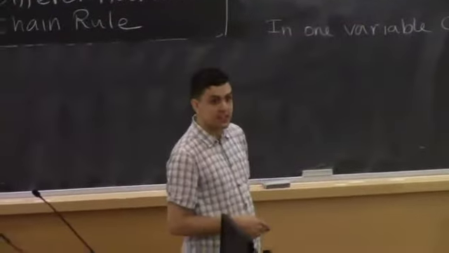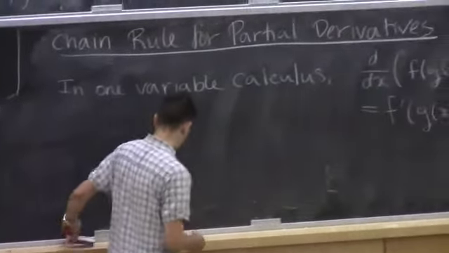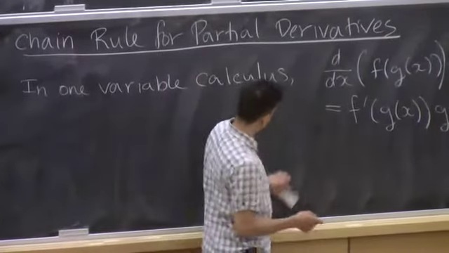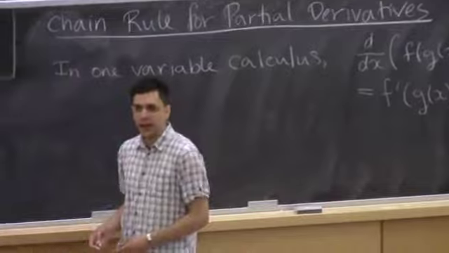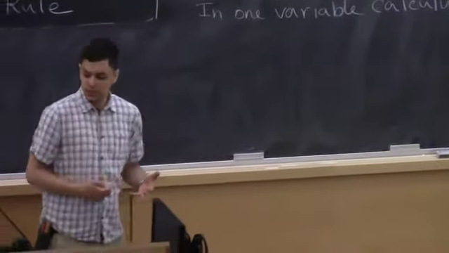So if everything's differentiable, everything's nice, in one variable we get this fact. Okay, so now how do we bump this up to multiple dimensions? In multiple dimensions we have many inputs and outputs, so we can do sort of more complicated things.